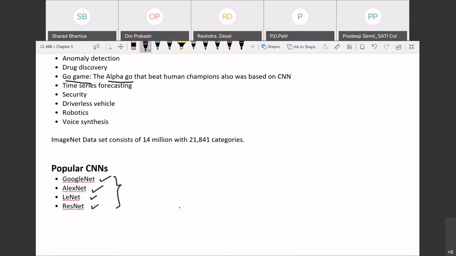So if it's an image processing deep neural net, then they know that in some layers capture the broad features, some layers capture the specifics. So you don't have to start from ground zero. You can take a previously trained neural net, and using that, you can go ahead with your application.